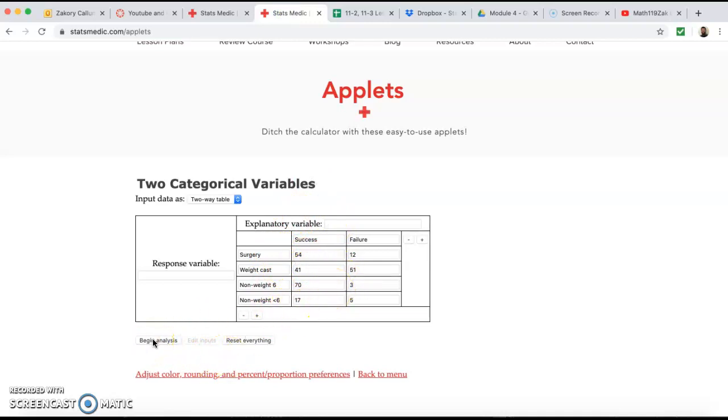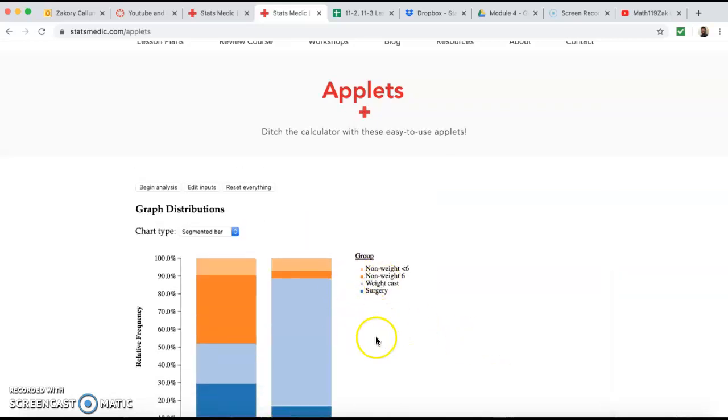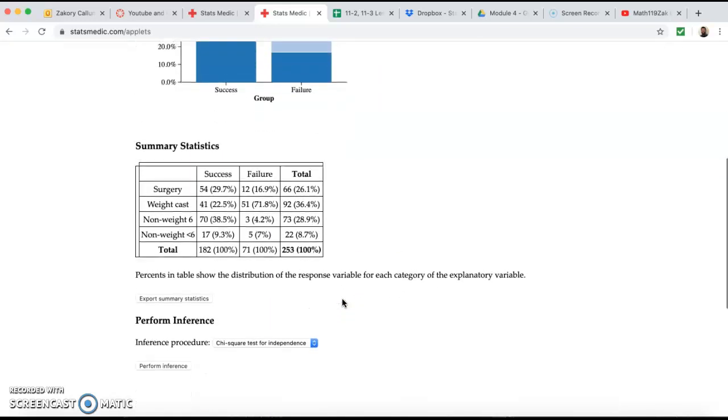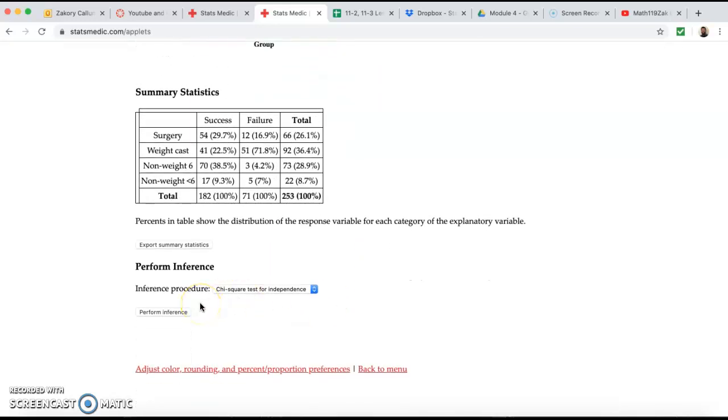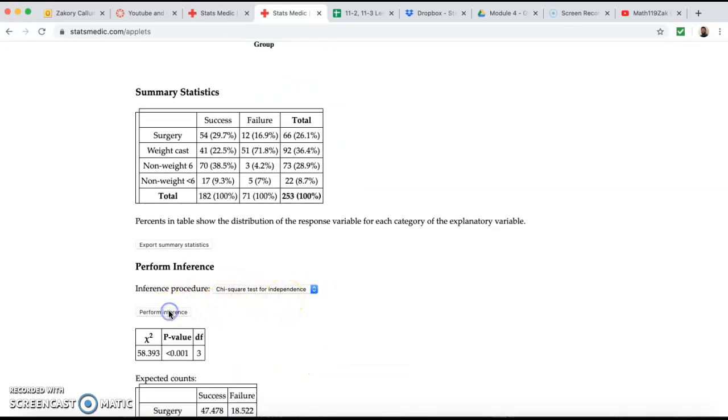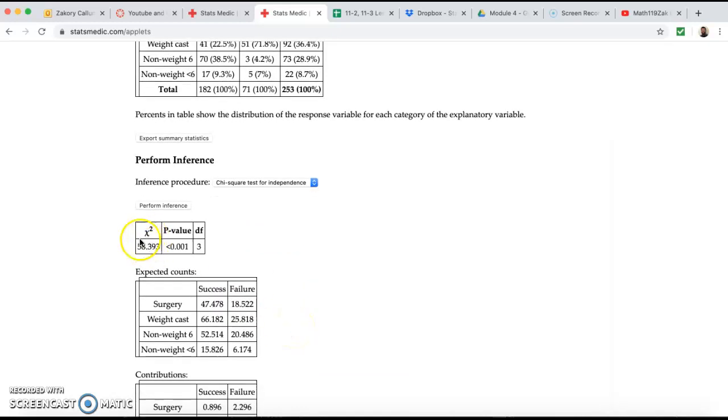So all I would have to do is just do begin analysis. It gives me some bar graphs, which I don't really need. All I need is down here at the bottom under perform inference. And so notice it's just doing a chi-square test for independence. I just click perform inference. It gives me that same test statistic of 58.393.